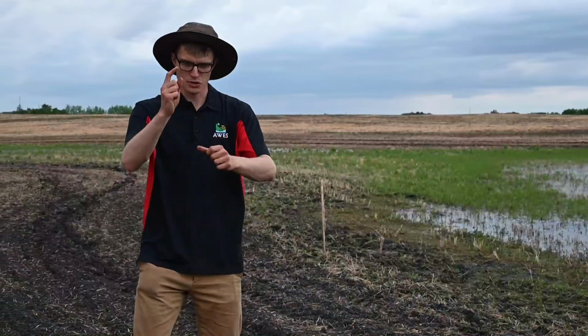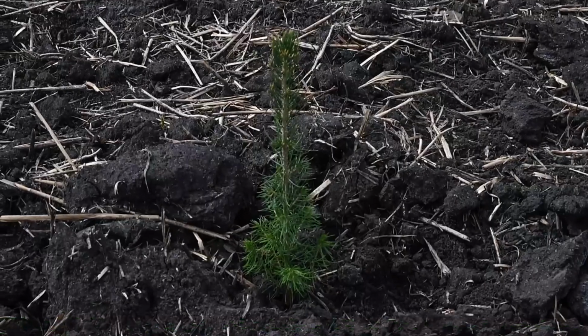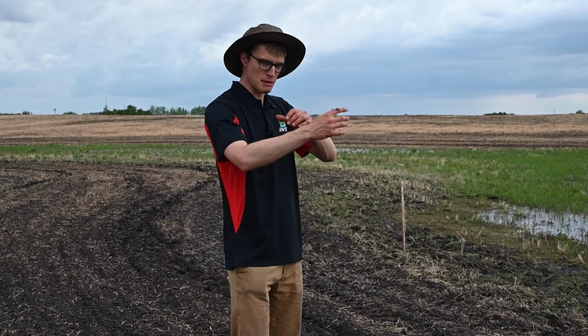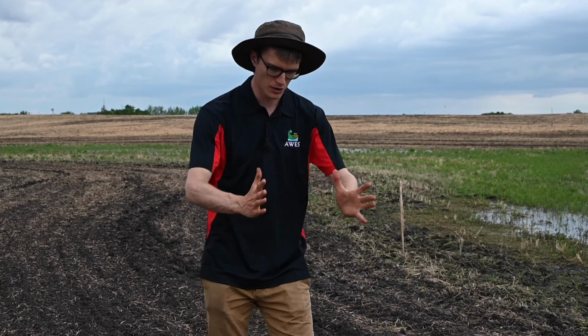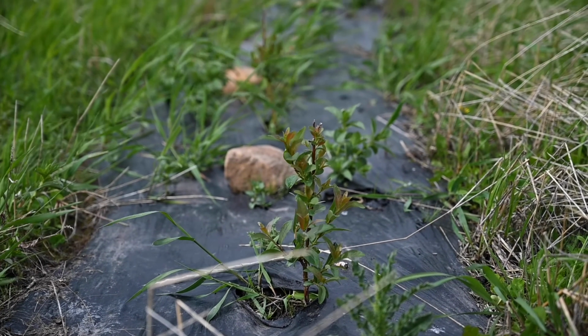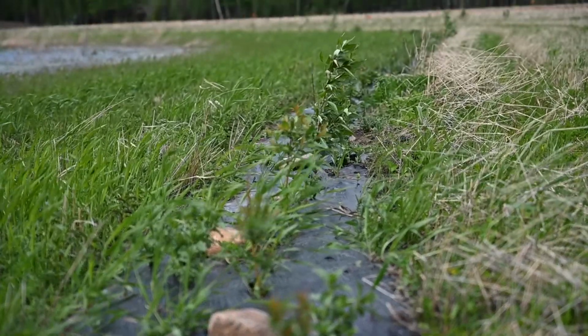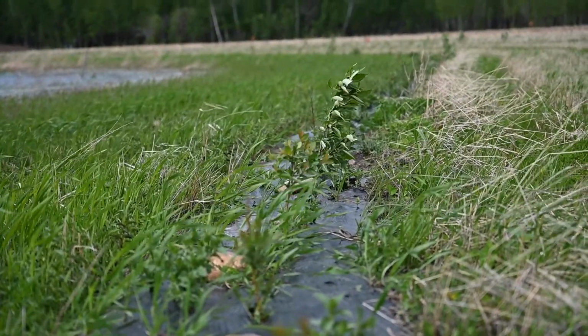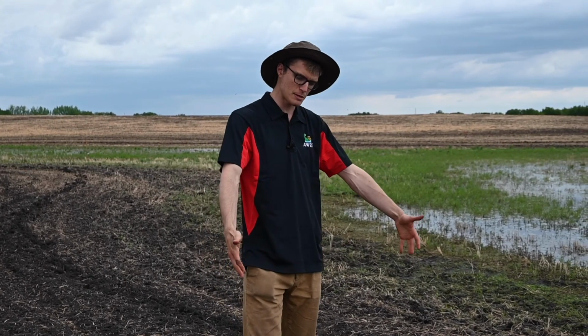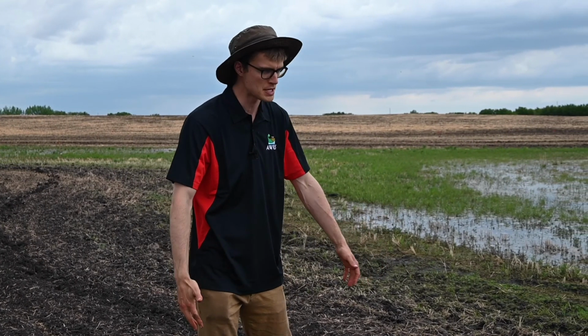But instead of one species, one row, like in a shelter belt, where you have a single row of only white spruce, in an eco buffer it's a mishmash of different species along the rows, mixed in together, one after the other. And you get different heights and growth tolerances and characteristics within those rows. Things are planted quite densely, 1 meter spacing between each one, and then it's typically 2 to 2.5 meters between rows.